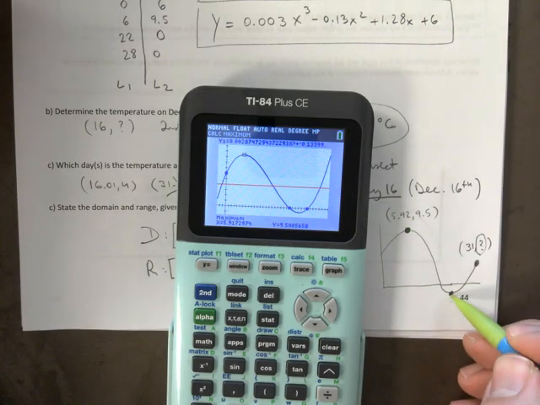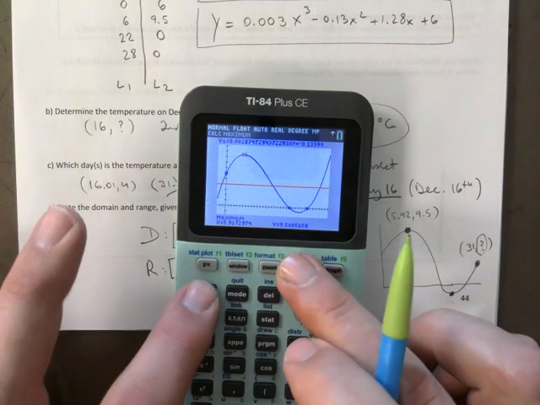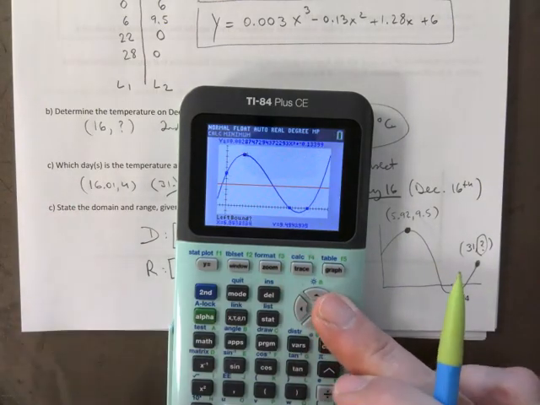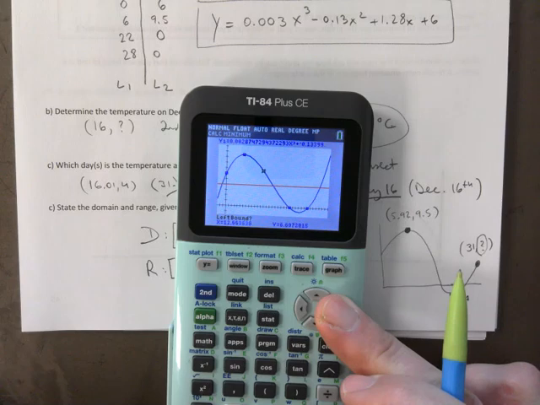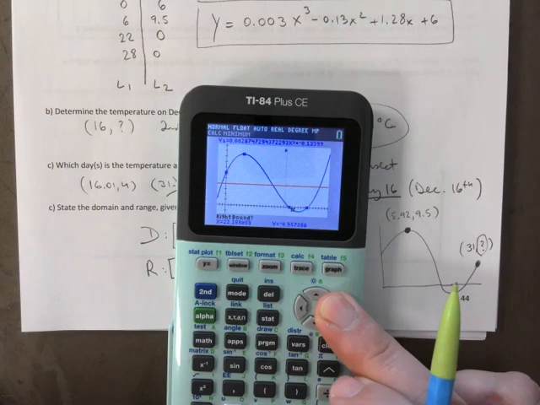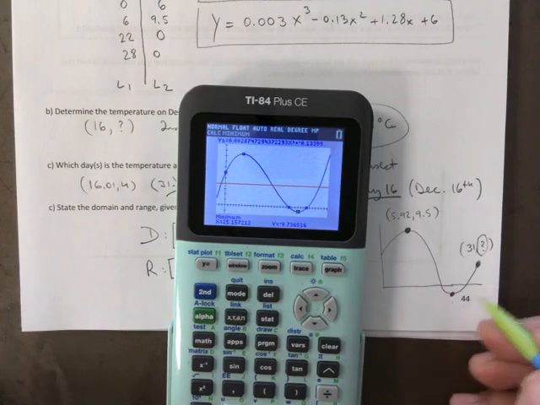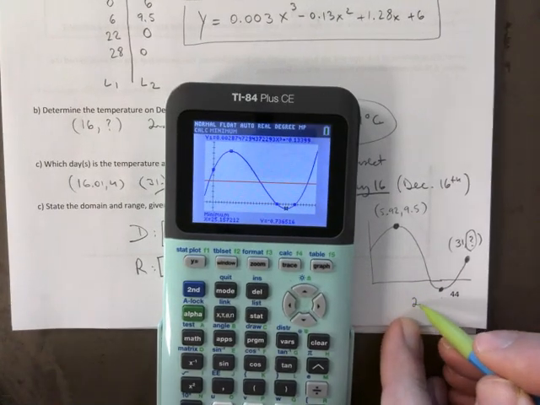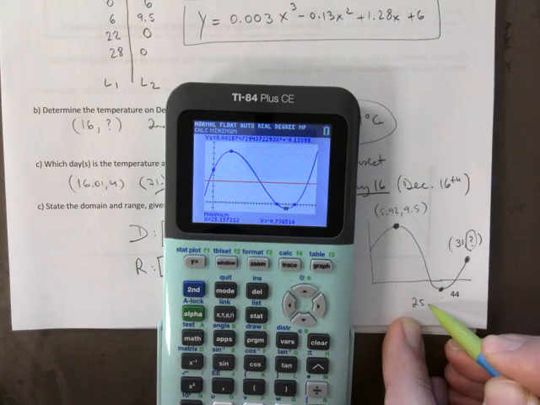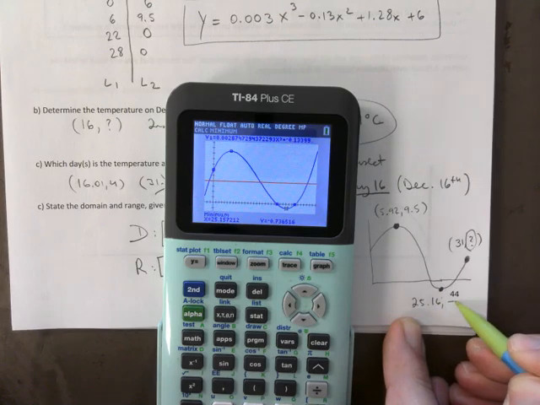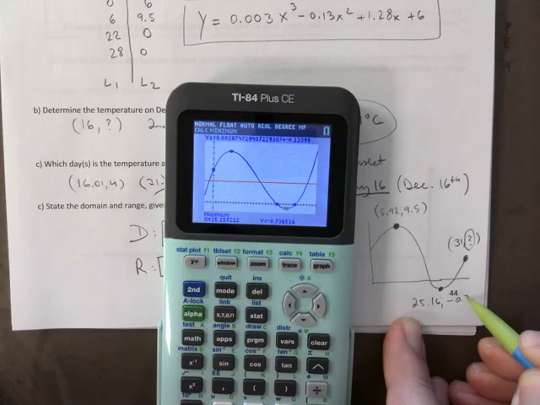And the low point, we have to figure that out. Second trace 3 min, right? We go to the low, somewhere to the left of it, and then somewhere to the right of it. And this one here is 25.16, right? This is negative 0.74.